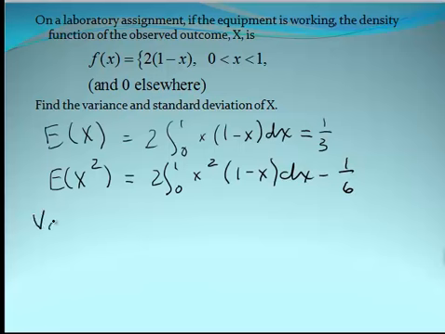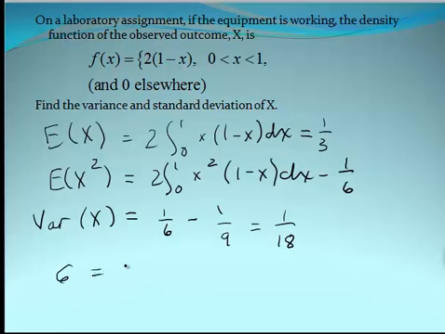So then the variance is just 1/6 minus 1/3 squared. So that will be 1/9, and that's 1/18 altogether. And the standard deviation is going to be the square root of that value, and that becomes 0.2357.